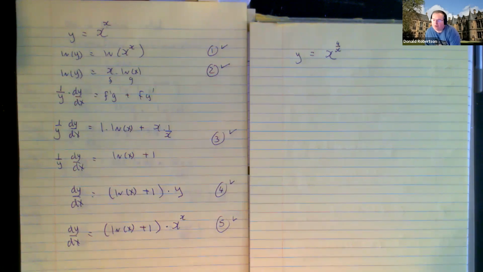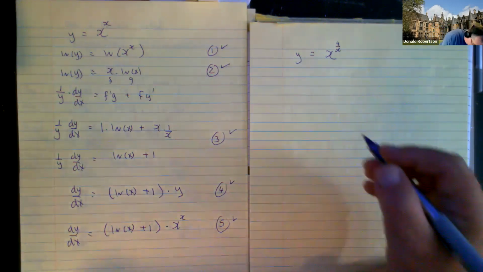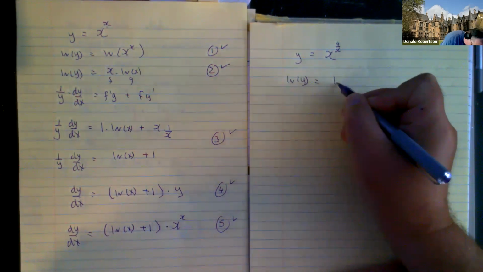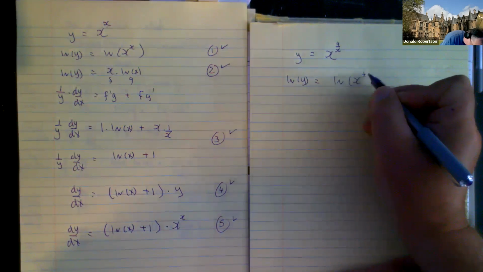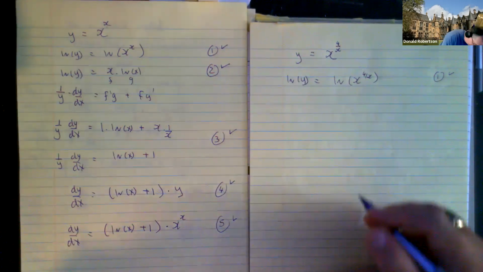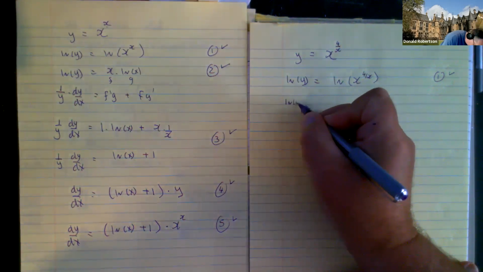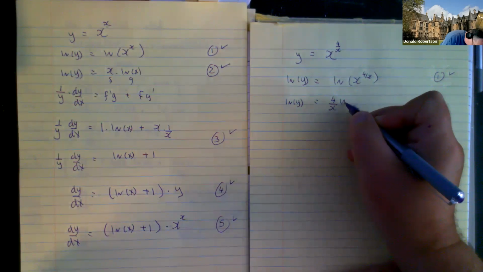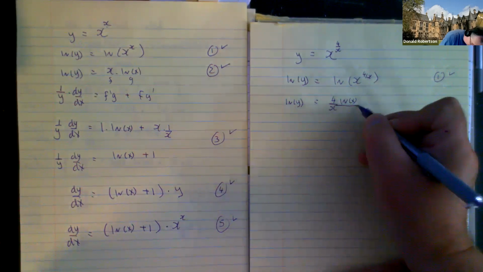X to the power of 4 over x. Take the natural log of both sides. Check. Simplify. Check.